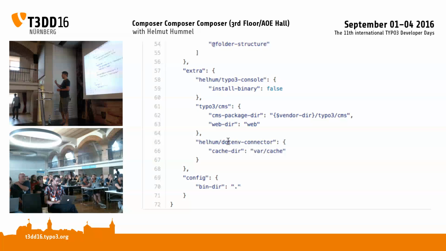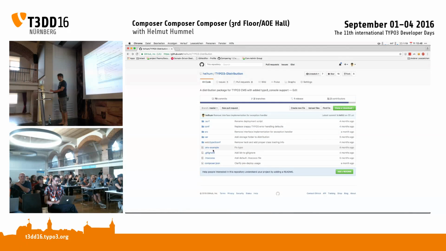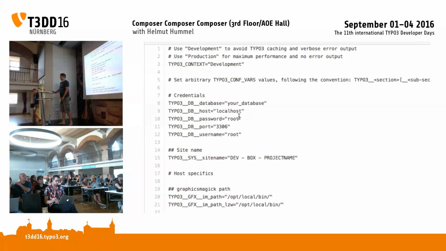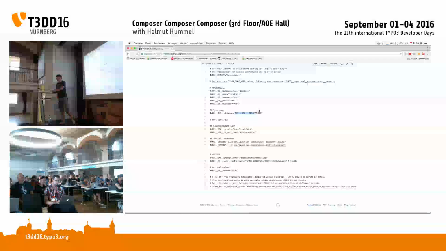Instead I have a specific file called .env, which is just placed in the project root, and I have an example here. In this file, I specify the credentials, for example, or the name of the site, so that it's clear, okay, it's not the live site, or other environment-specific things like the path to ImageMagick. Sometimes you also need other configuration, like what domains are available. So I can configure some additional stuff in there.